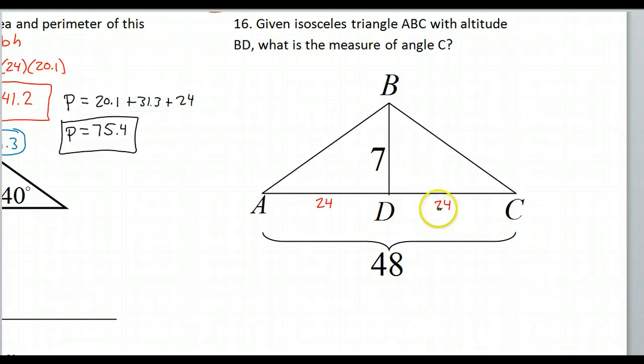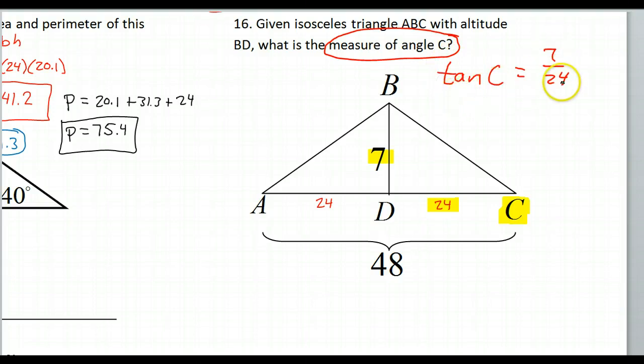So since these are 24, if I want to find the measure of angle C, so focusing on angle C, and using the 24 and using the 7, this would be opposite over adjacent. Okay, so that means tangent.